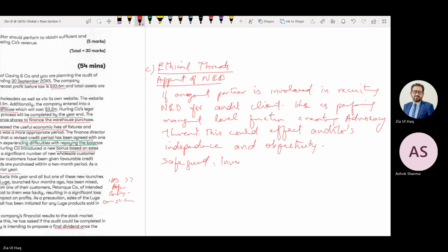Involvement in client staff recruitment is not prohibited. It's allowed.